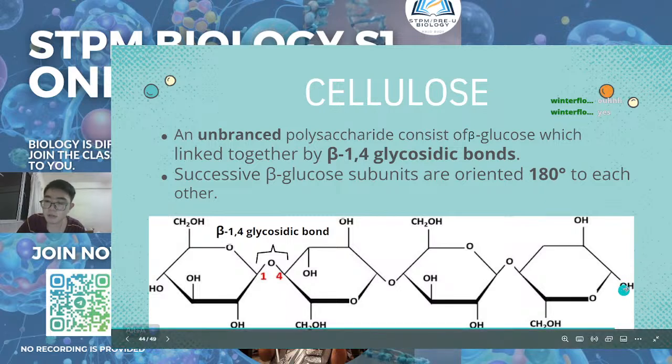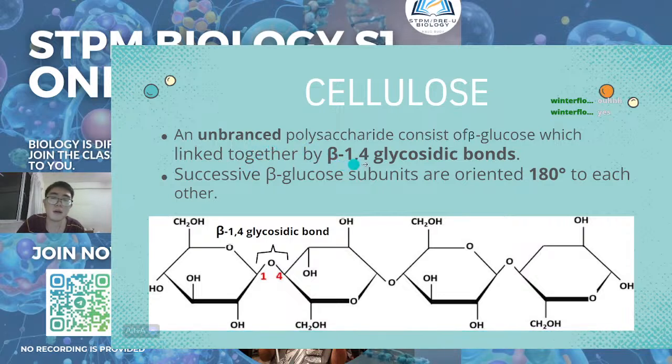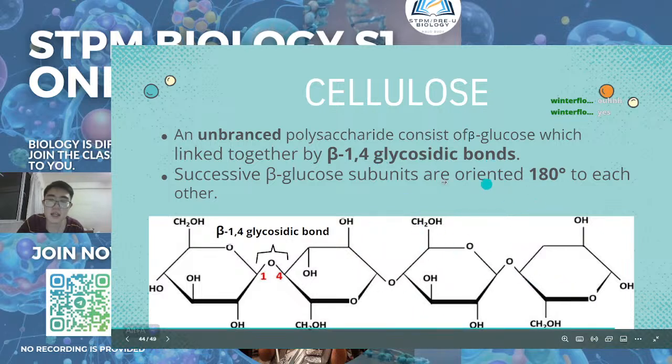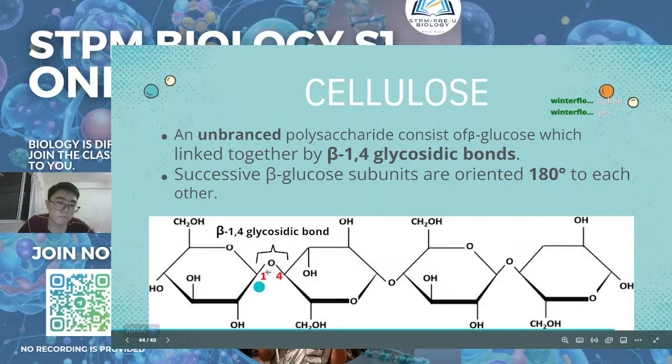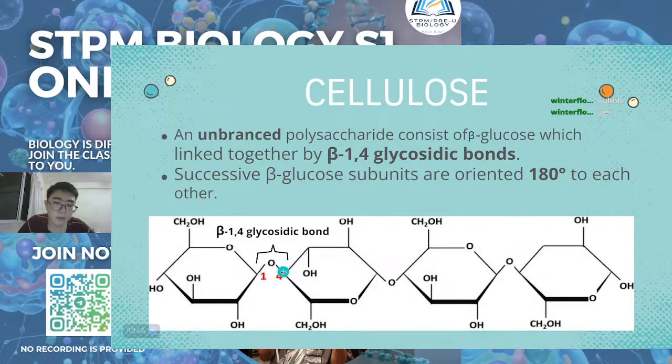So for beta glucose, the hydroxyl group is at the bottom. It can also form the glycosidic bond, also a 1,4 glycosidic bond. But if you see the structure, actually it is oriented 180 degrees to each other. So if you see here, it is carbon number 1, but carbon number 4 is here.